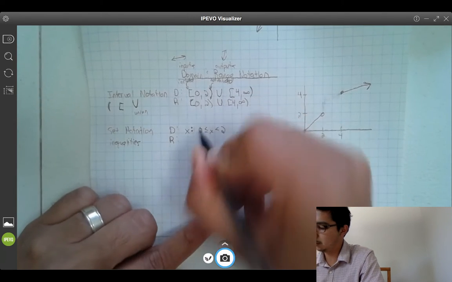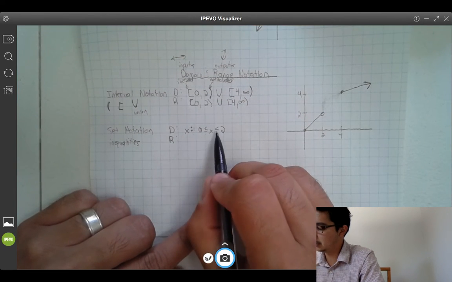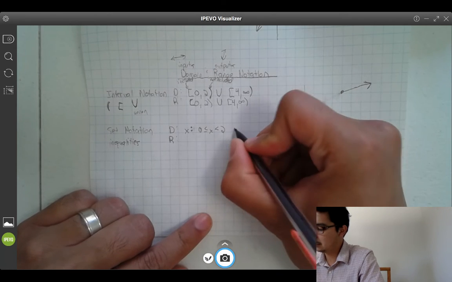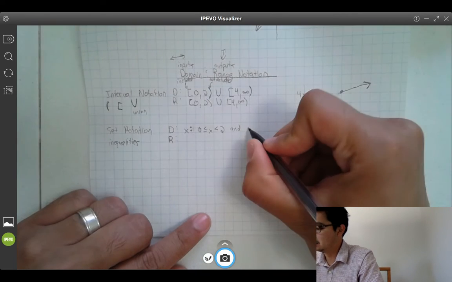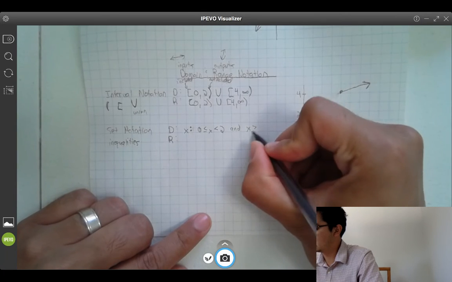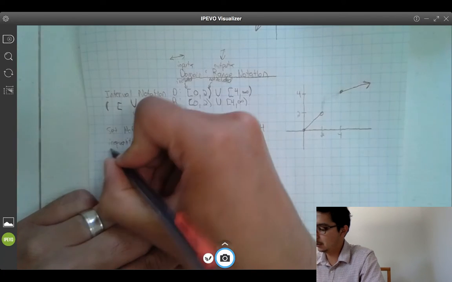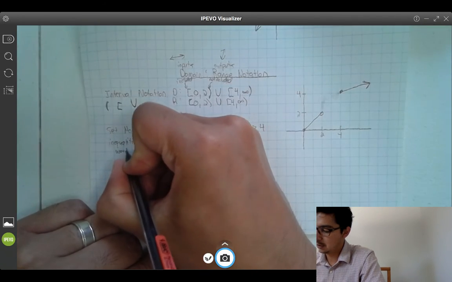Notice the use of inequalities where x is greater than or equal to 0 and less than 2. And then they use words to say, x is greater than or equal to 4. So it's really inequalities and words is set notation.